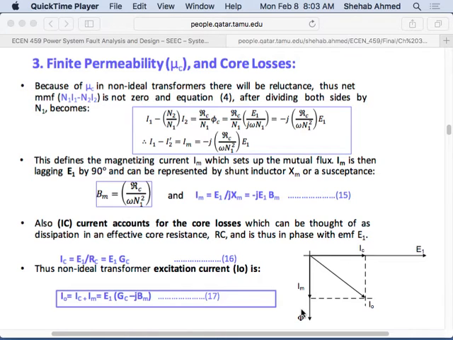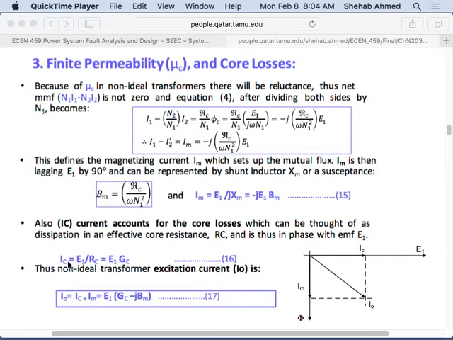So we will say that this component of current, which corresponds to the core losses, is the result of the voltage being generated in the core, and it will have a value of this voltage divided by some value of resistance, R core. This value of resistance R core is going to be defined by basically the value of current IC.